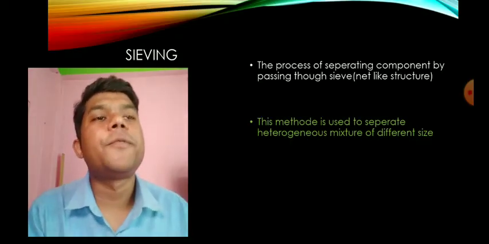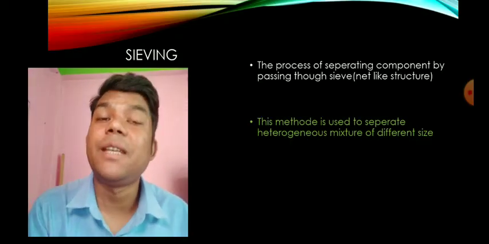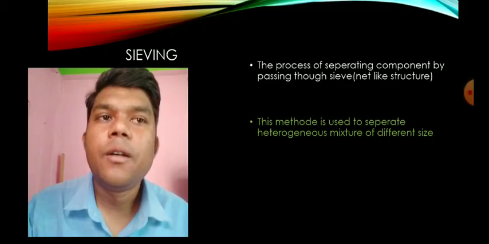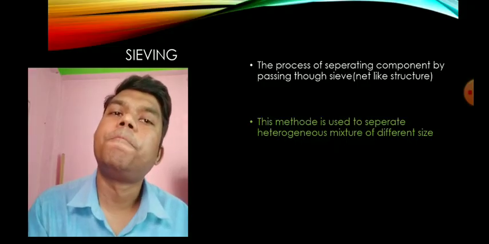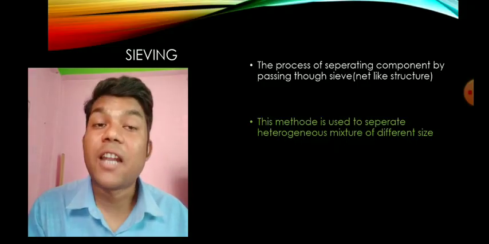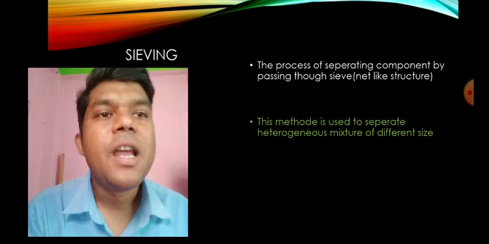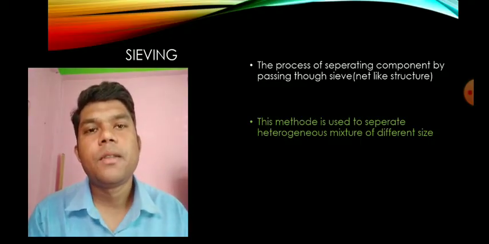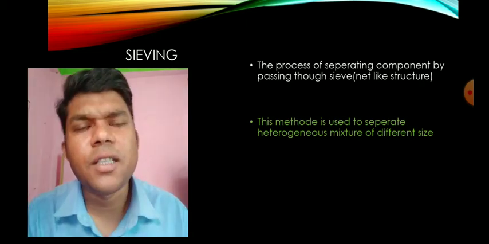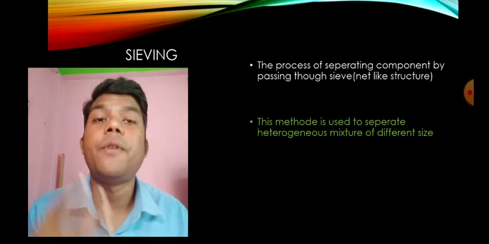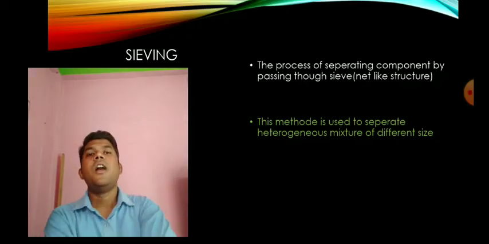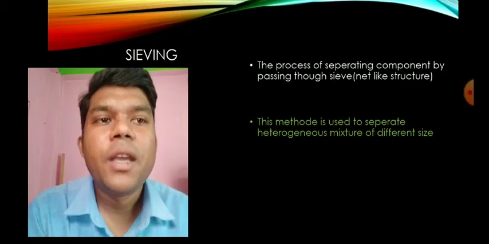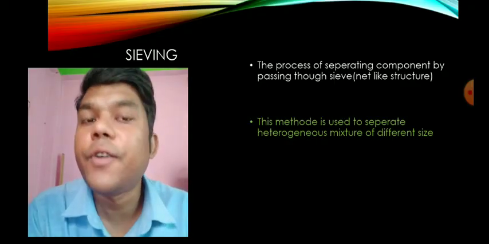So the process of separating components by passing through the sieve, a net-like structure which has pores, is called sieving. This method is used to separate a heterogeneous mixture of different sizes, based on size. In the beginning I told you the methods of separation of a mixture are based on nature. So sieving can be done if the components of the mixture differ in size.